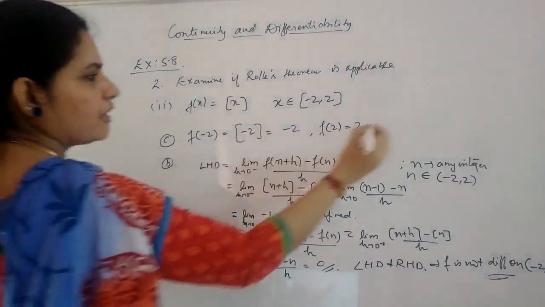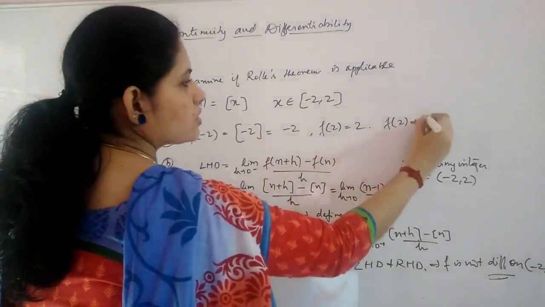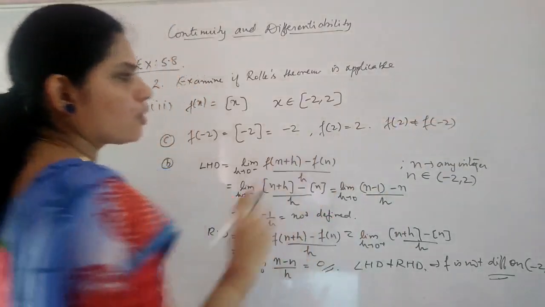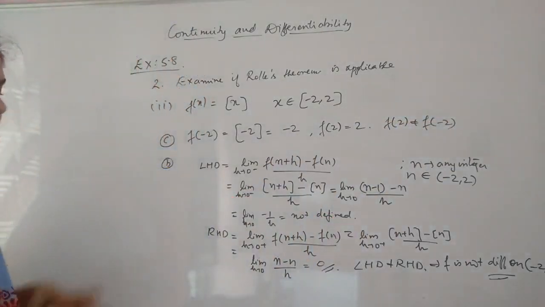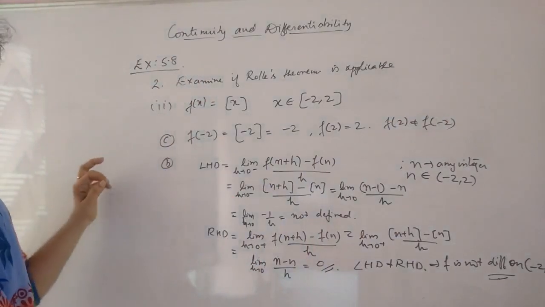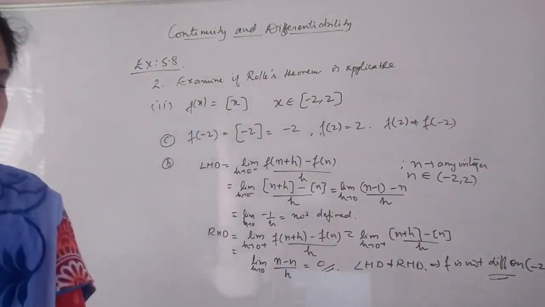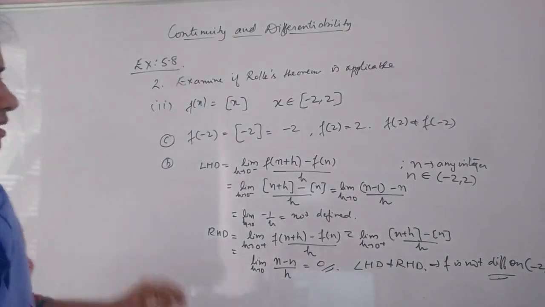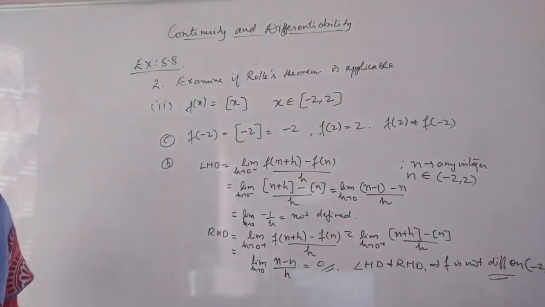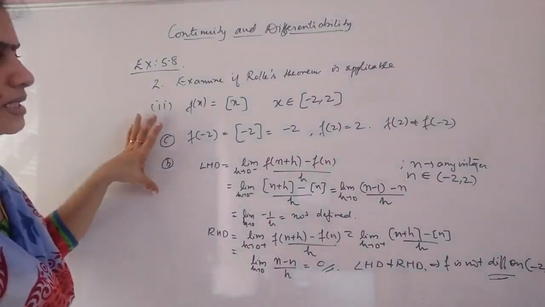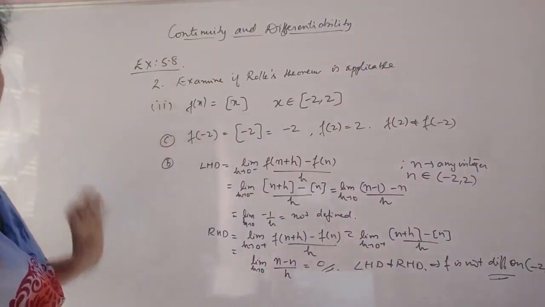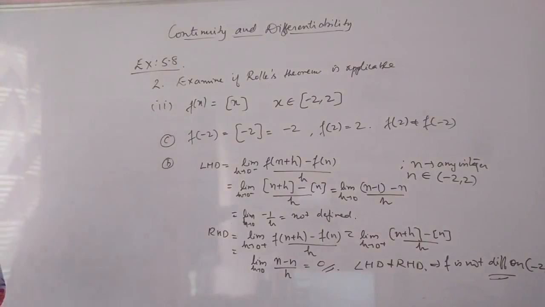So f of 2 is not equal to f of minus 2. Therefore, all three conditions are not satisfied by the given function. Hence it is not satisfying Rolle's theorem, or you can say that Rolle's theorem is not applicable for the given function.